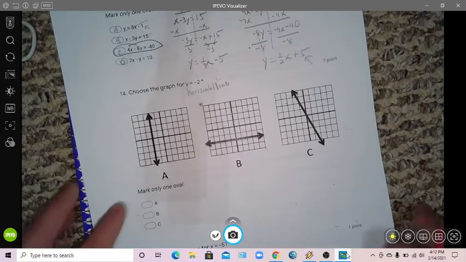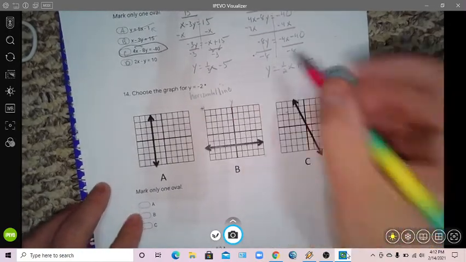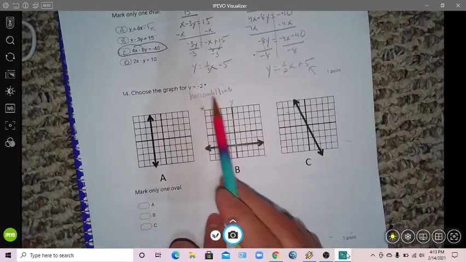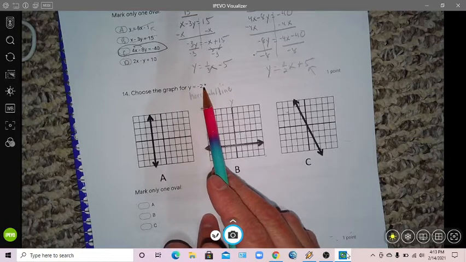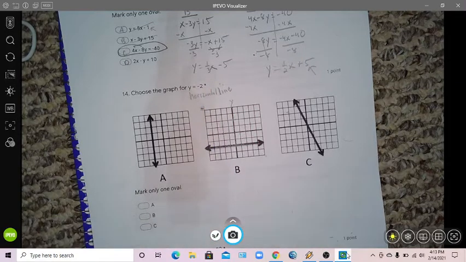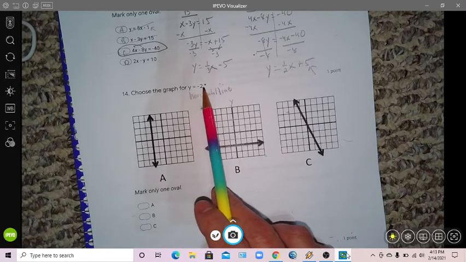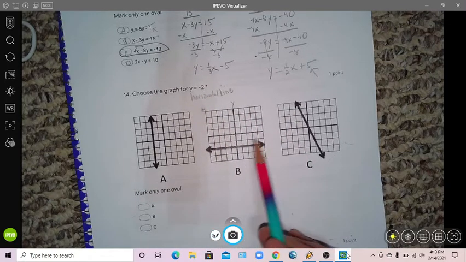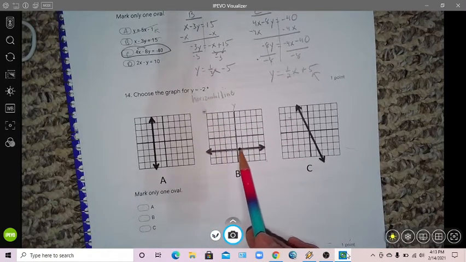Another thing I want you to notice is that there's no x. So the slope here is 0. It's y equals 0x minus 2. There's no x, so it's just y equals a constant. So it's going to be a horizontal line. And look at option B. Option B is the only one where it touches the y-axis at -2.